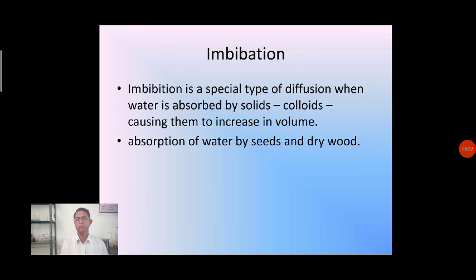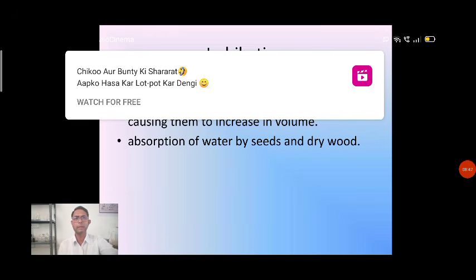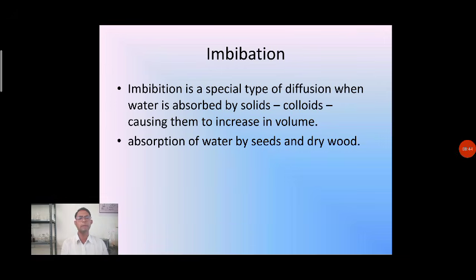When we look at the seed, initially the seeds are dried and very compact in structure. As we add these seeds to water, they will utilize this water and become turgid, or we can say they start to increase their size, and this process we call imbibition.